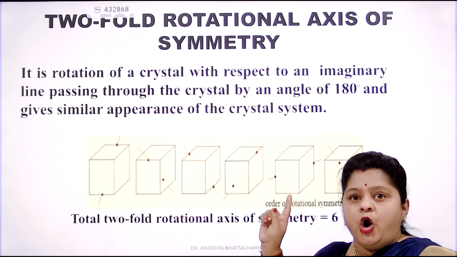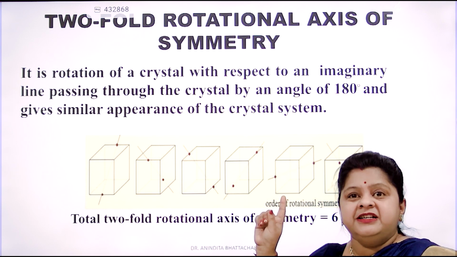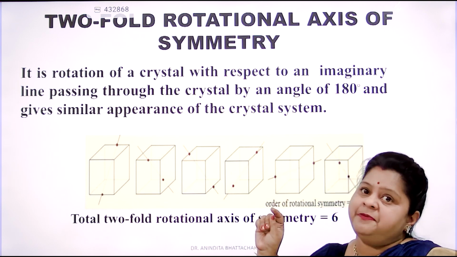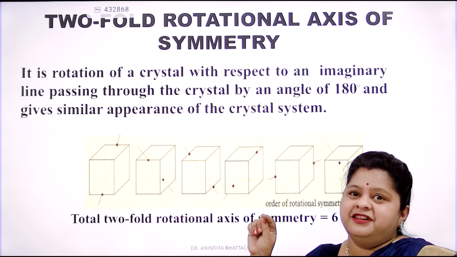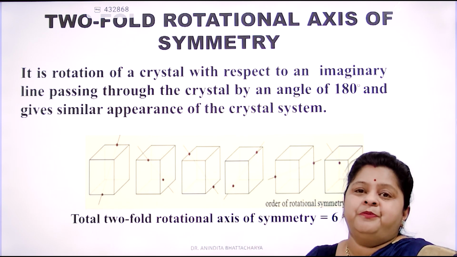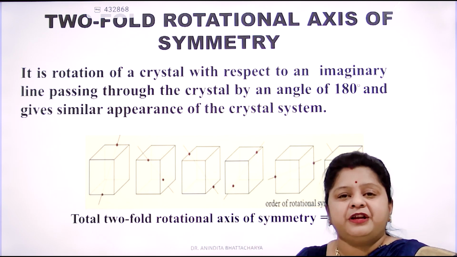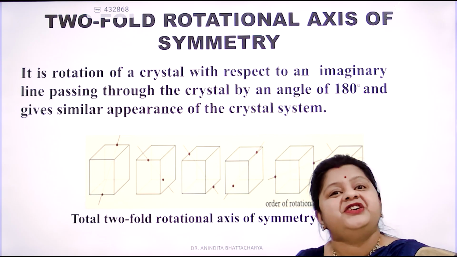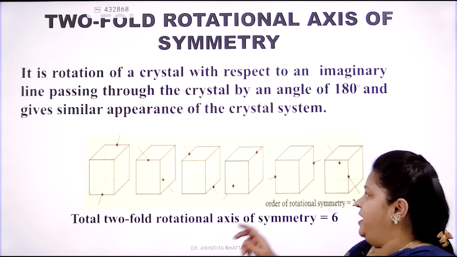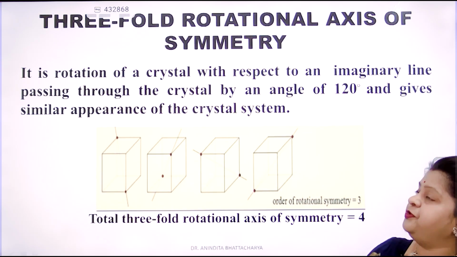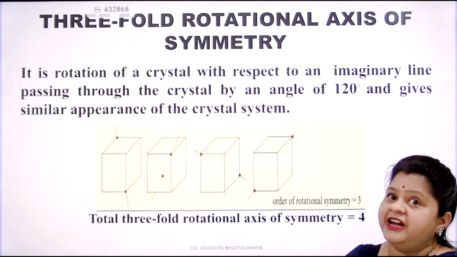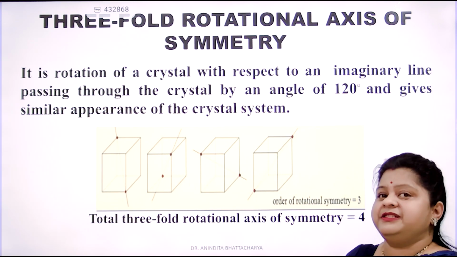But what is the order? How many turns is it making to return back to the original one? It is 2, because in 2 complete rotations, we are getting 360 degrees back. Similarly, if I move to the three-fold axis, the degree I told you will be 120 degrees.